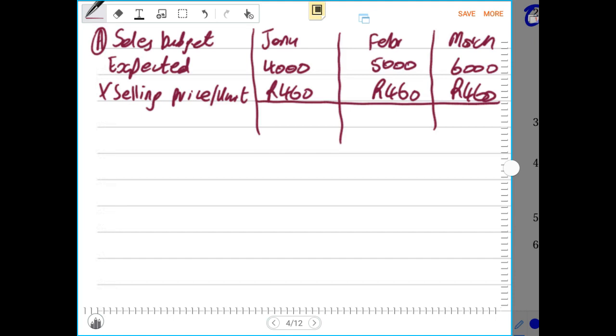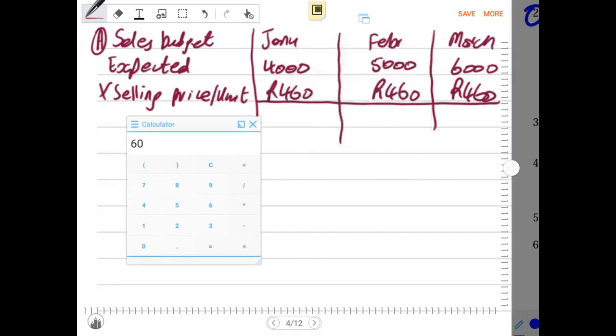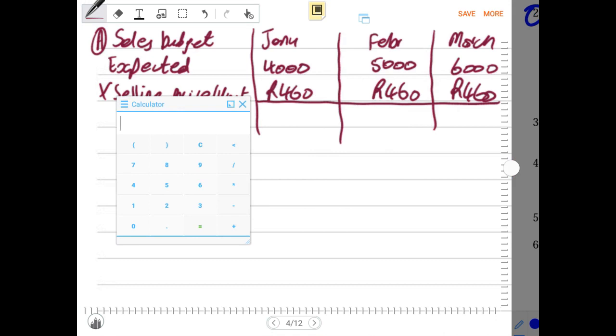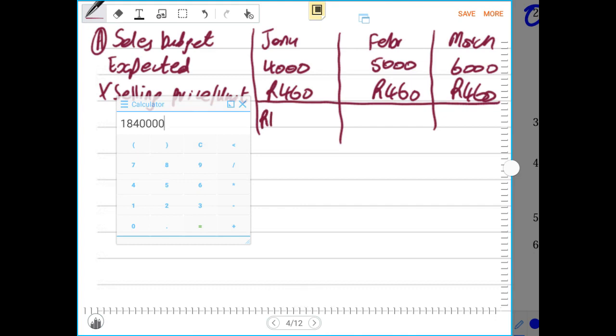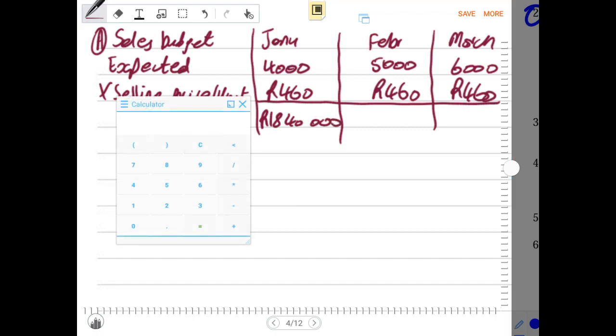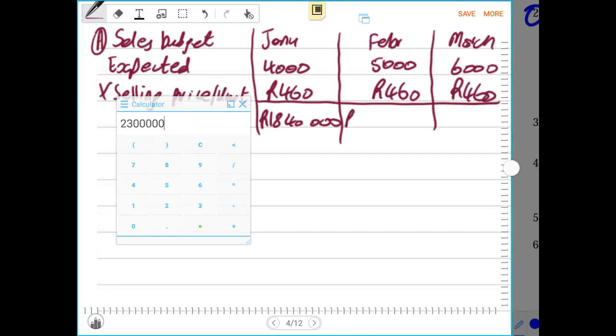So now with that, we can multiply the units by the selling price to get the estimated sales in value. Therefore, 4,000 multiplied by 460 gives us 1,840,000 Rand. Then 5,000 times 460 gives us 2,300,000.